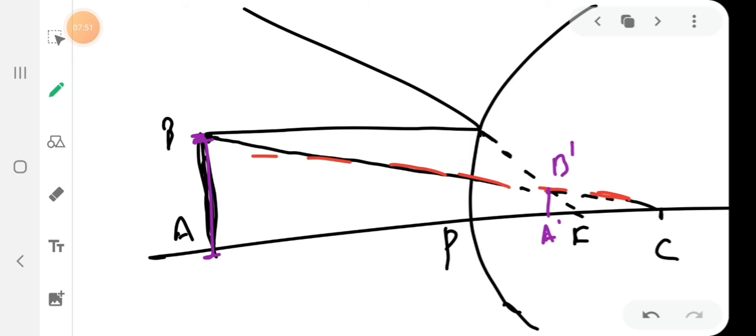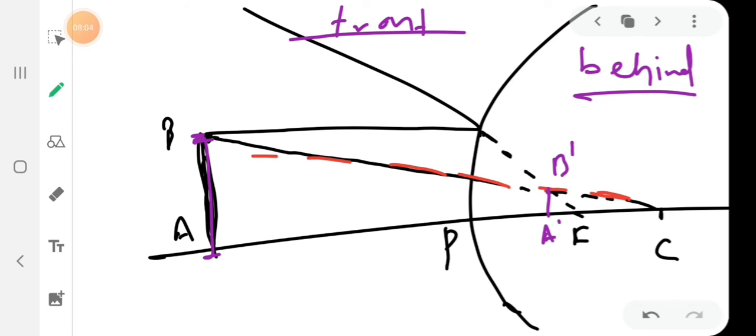So the image is formed behind the mirror. This is the front portion and this is the back portion. So we can say that the image is formed behind the mirror between pole and the focus.